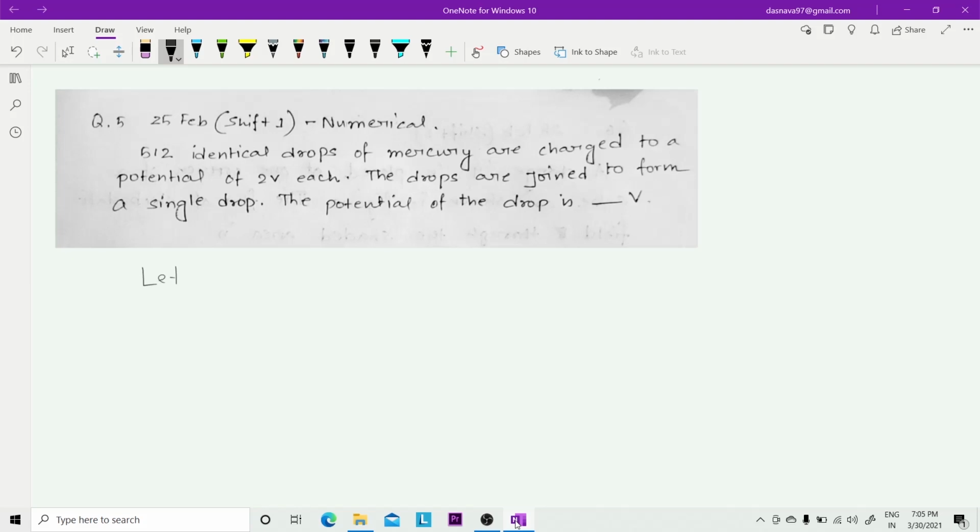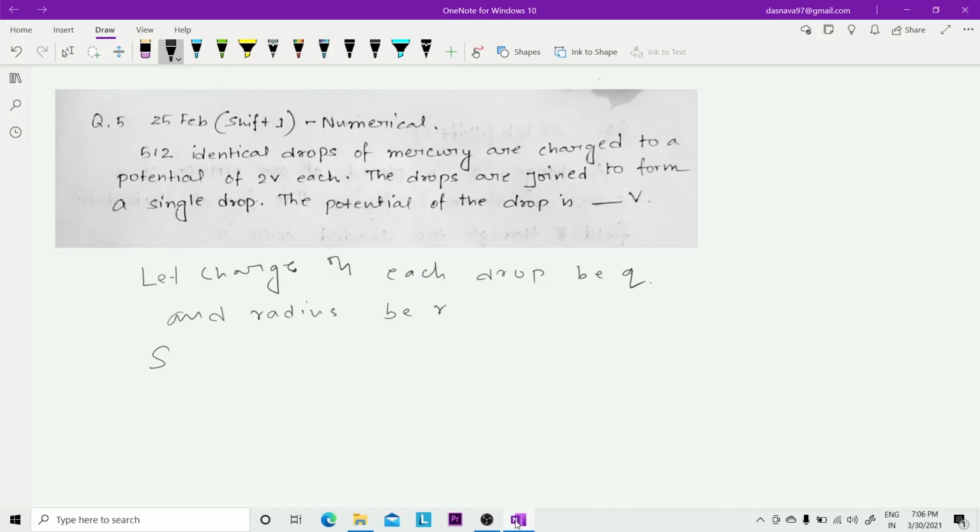Let charge on each drop be q and radius be small r for smaller drops.